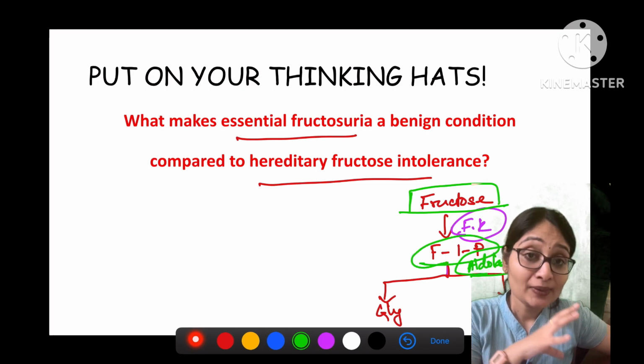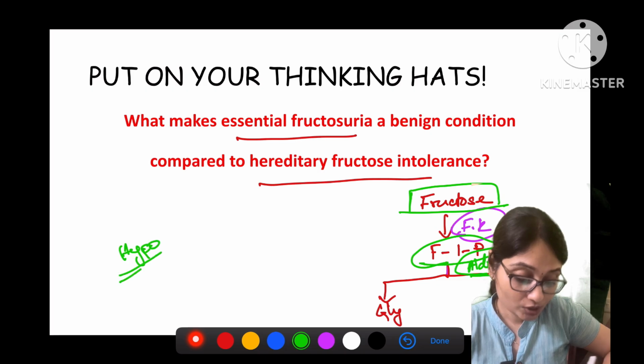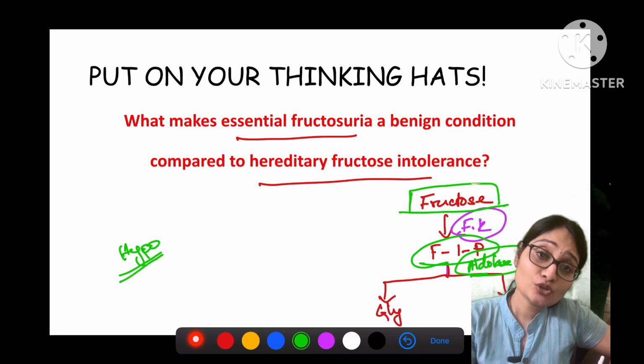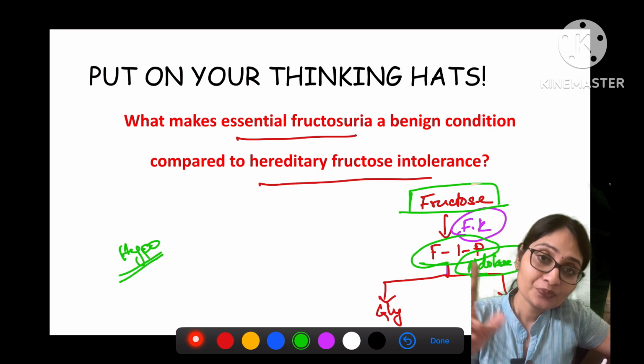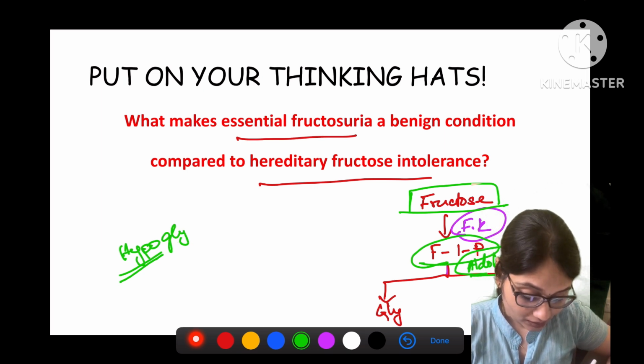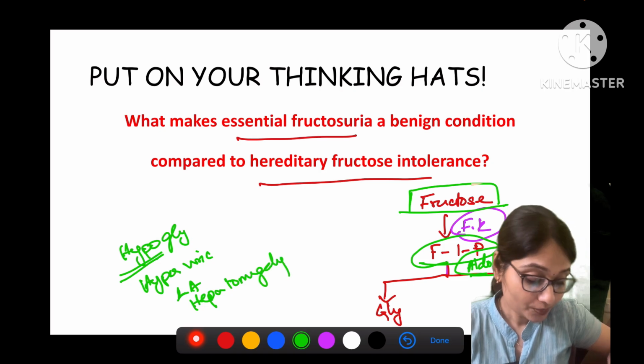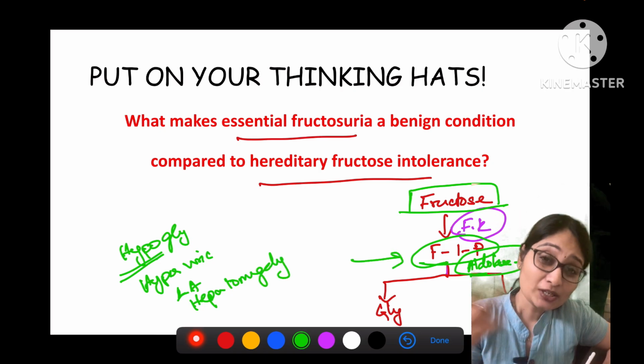fructose 1 phosphate. Majority of the symptoms like hypoglycemia occur because fructose 1 phosphate is an allosteric inhibitor of glycogen phosphorylase, right? So hypoglycemia and hyperuricemia and what else? Hyperuricemia, lactic acidosis, and hepatomegaly. All these things were attributed to fructose 1 phosphate accumulation.